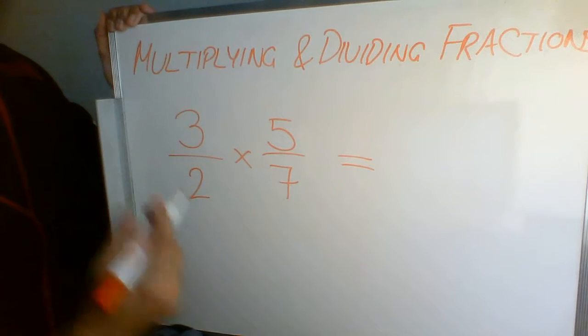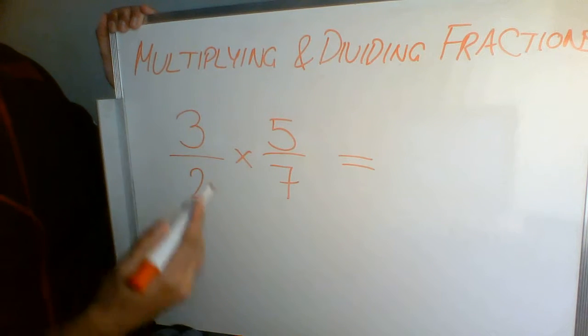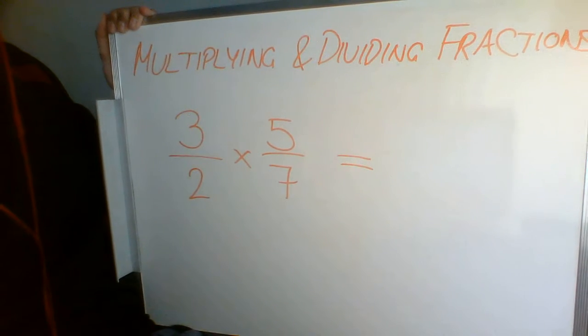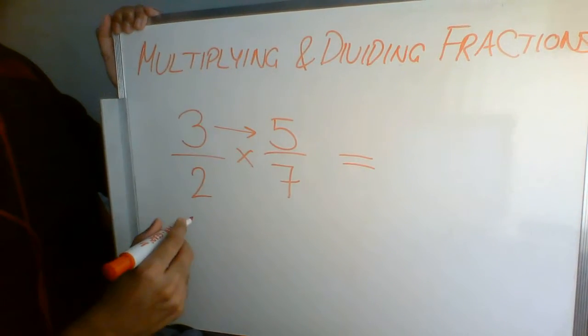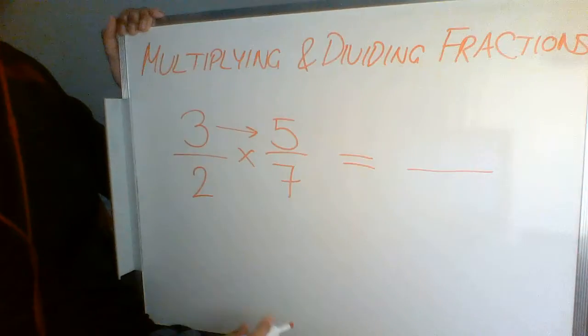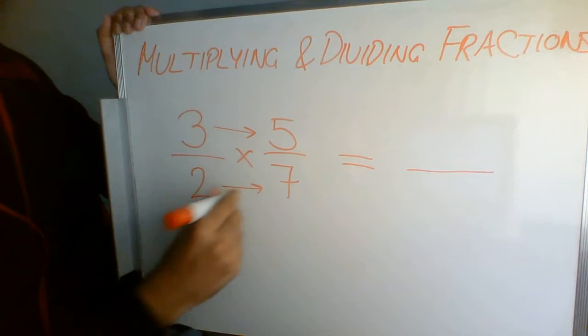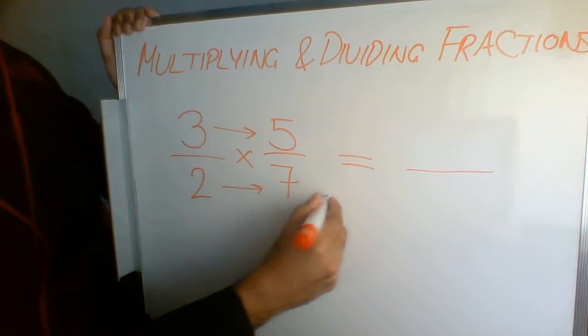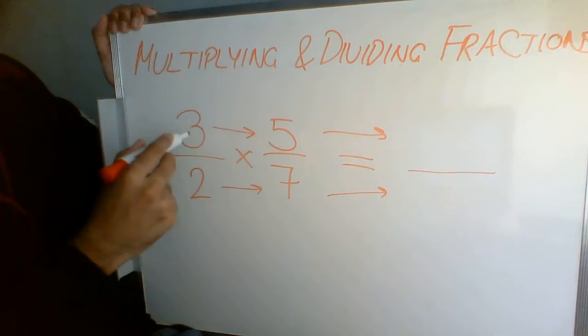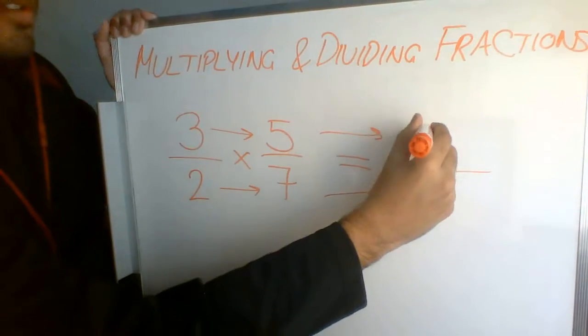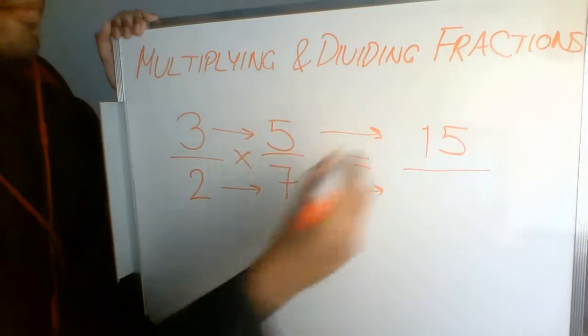But when you actually get around to multiplying fractions, once you've done all the reducing, which in this case there is no reducing to be done, you just multiply these 2 numerators together, and that's going to be the numerator of your answer. And then you multiply your 2 denominators together, and that's going to be the denominator of your answer. So, on top, it's fairly straightforward. 3 times 5 is equal to 15.